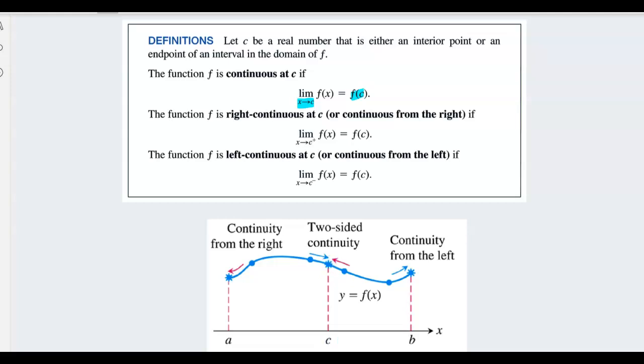Similarly, we can talk about just a right-handed limit, which would be this example down here, where the function value is defined right at the point in question, at the x value we're looking at, even though the graph doesn't extend beyond that point. And then also we've got the left-hand limit looking at the other direction.